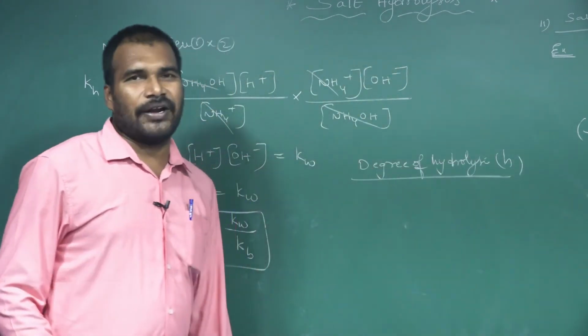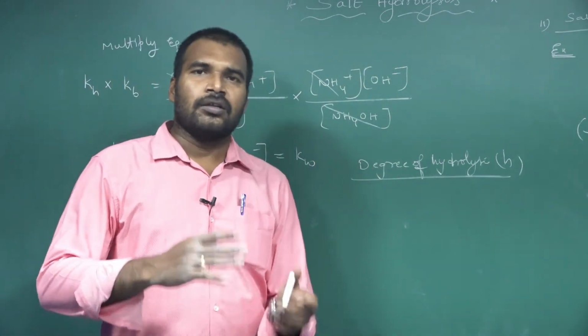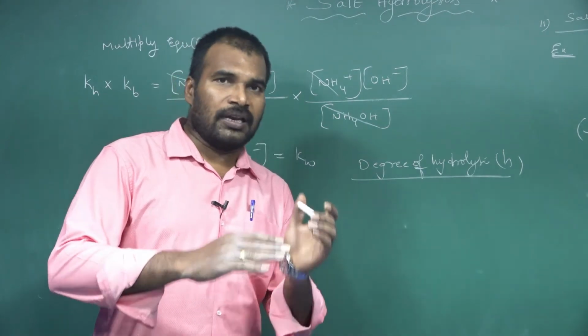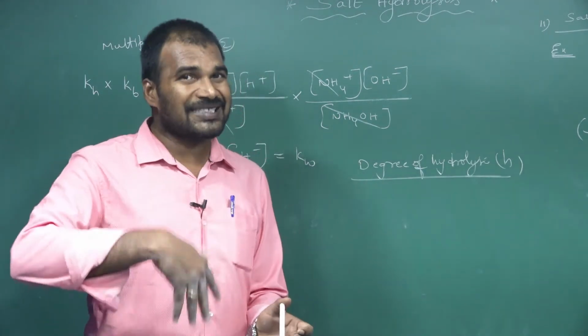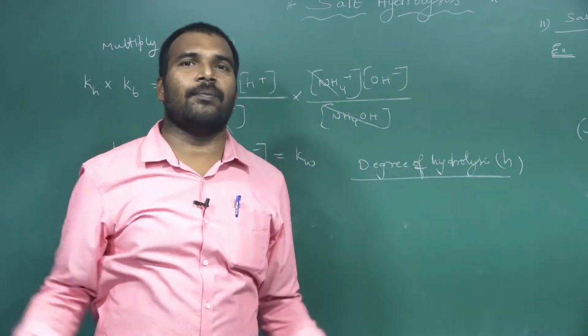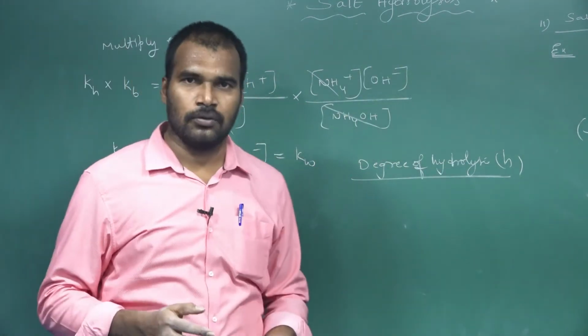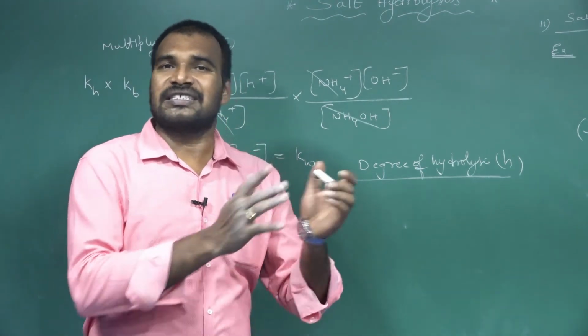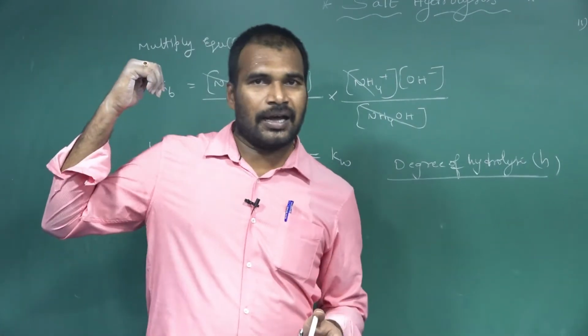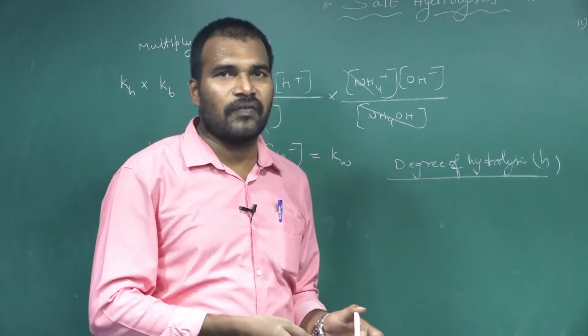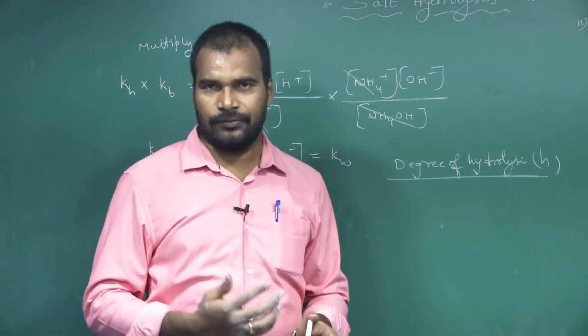What is the degree of hydrolysis? It's nothing but the number of moles of salt that get hydrolyzed out of the total number of moles of the salt. For example, if you have taken 100 moles of the salt, but out of 100 only 60 moles of salt get hydrolyzed, then the degree of hydrolysis is 60 by 100.